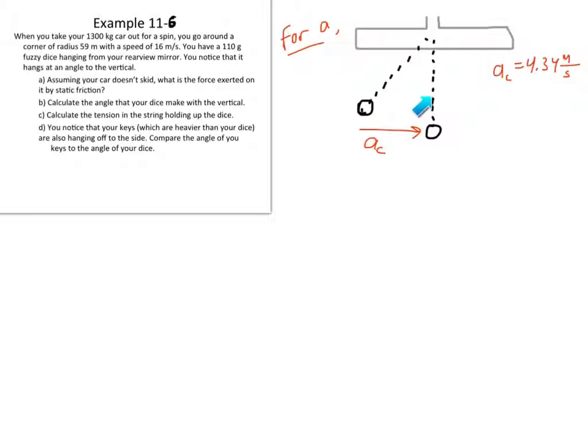The supporting is being applied by the string right there. For the car, what is supporting its vertical acceleration is the normal force. Either way, the acceleration that is creating that force is simply g. So we could have found this angle theta by taking the inverse tangent of the opposite value, that is the centripetal acceleration, divided by the adjacent value, which is gravity.